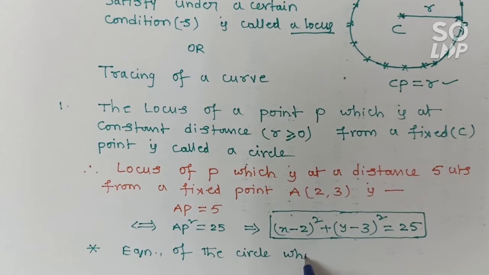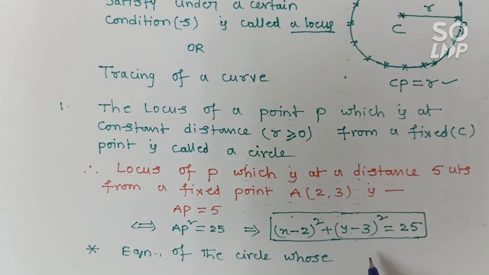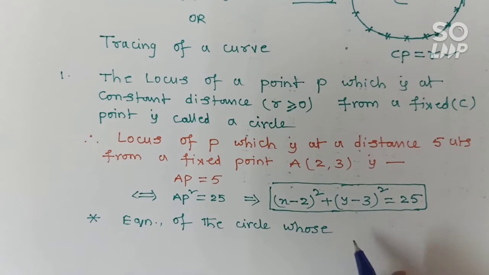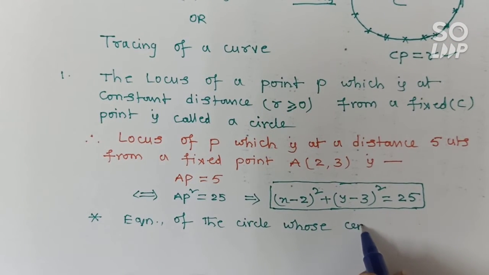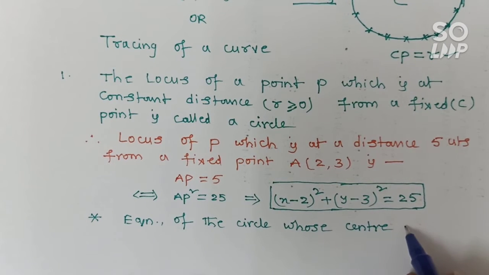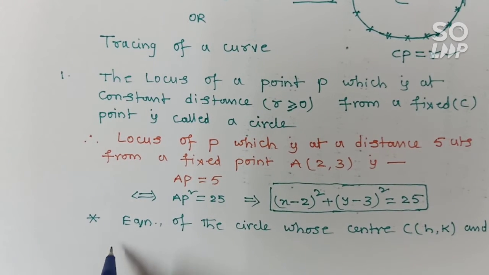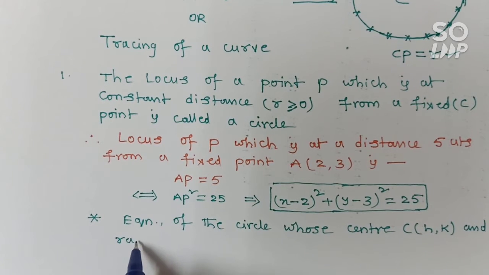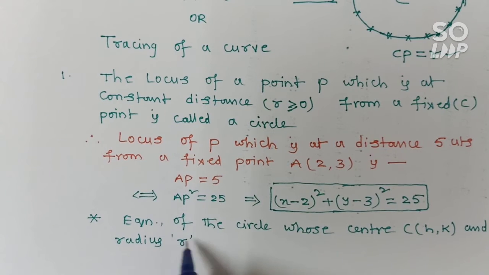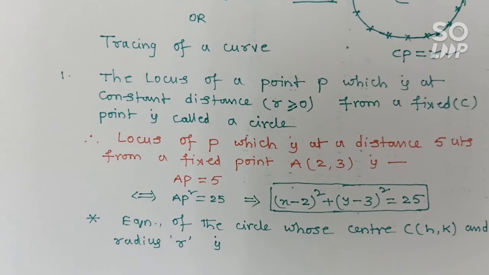whose center C is equal to h comma k and radius R, what is that formula?